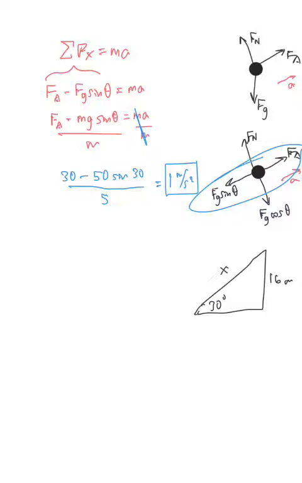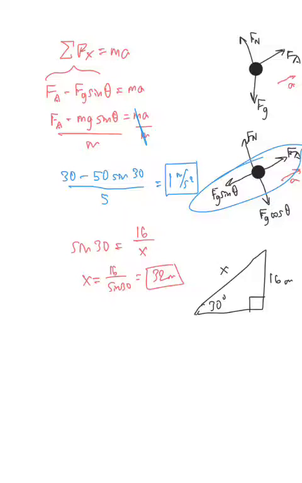From this angle, since this is a right angle over here, we know the opposite side and the hypotenuse, so you just want to use the trig function of sine of theta. So sine of 30 degrees is equal to opposite, which is 16, over the hypotenuse, which is x. When you solve this for x, you get 16 over the sine of 30. That's 16 divided by 1/2, which is 32 meters.